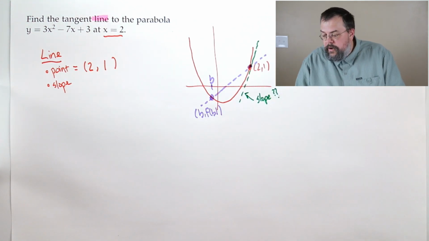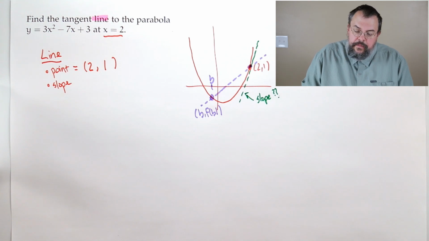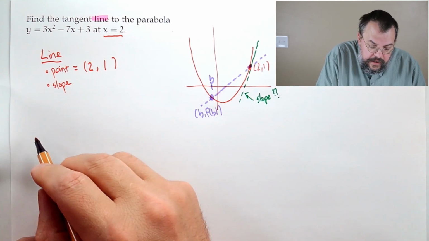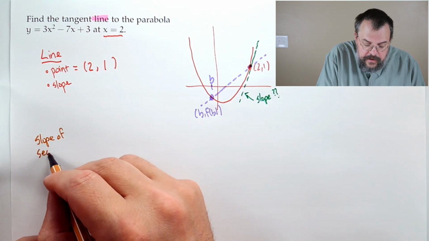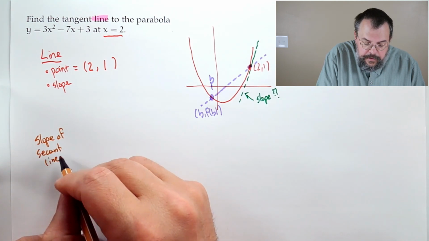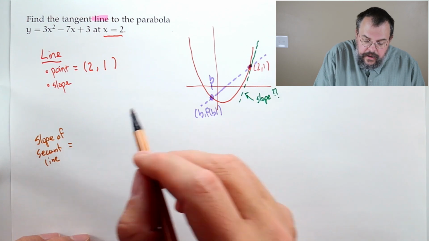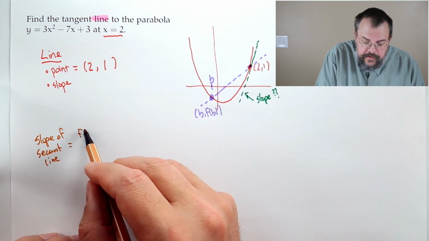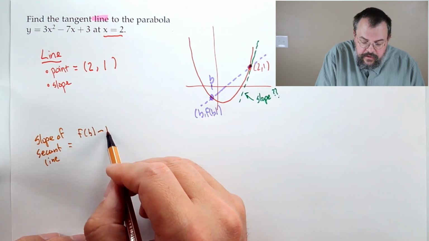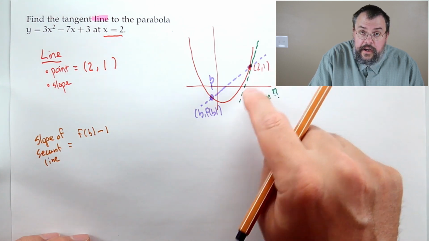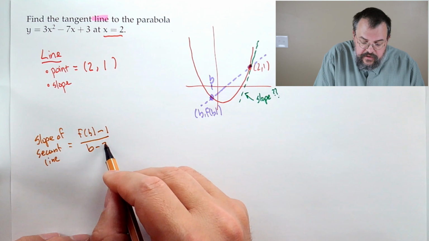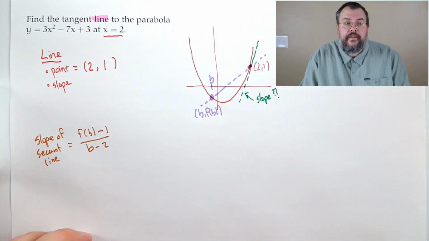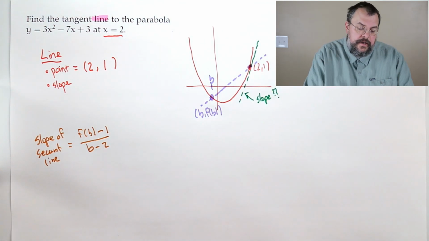Now, my slope of my secant line is what? It would be f(b) minus 1, the difference in the y coordinates, divided by b minus 2, the difference in the x coordinates. So far, so good.